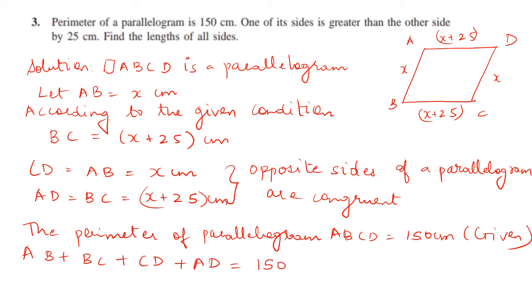Your AB is x, your BC is x plus 25, your CD is again x, and your AD is x plus 25, is equal to 150 centimeters. So you understood AB plus BC plus CD plus AD.